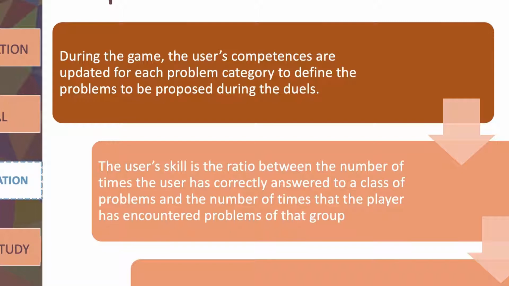Of course, not only that kind of problems will be proposed to the student, because this could be boring or frustrating for the student. Of course, we know that, but with a higher probability, he will encounter during the game a lot of problems in which he failed often.